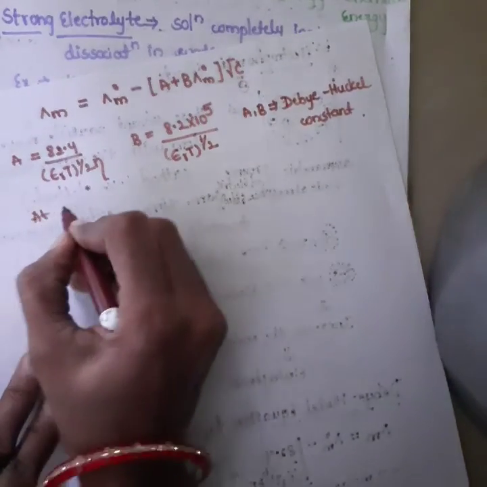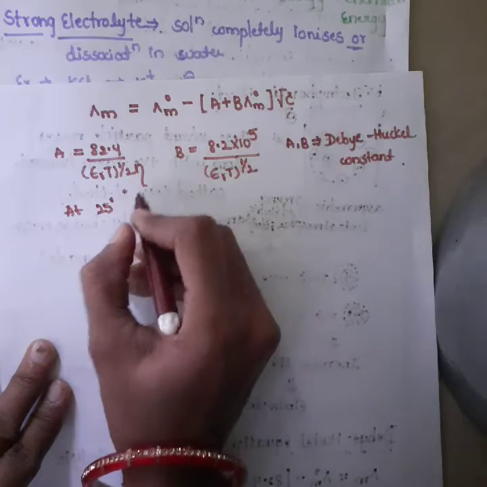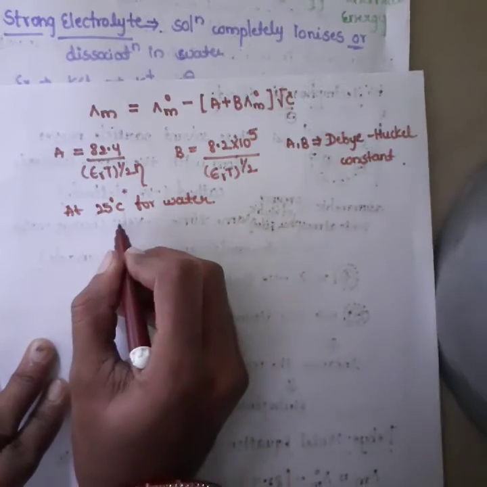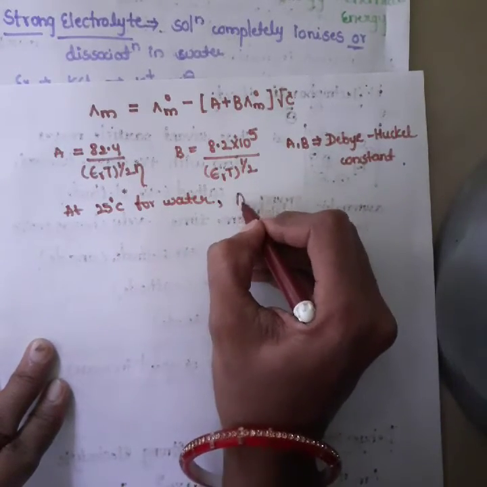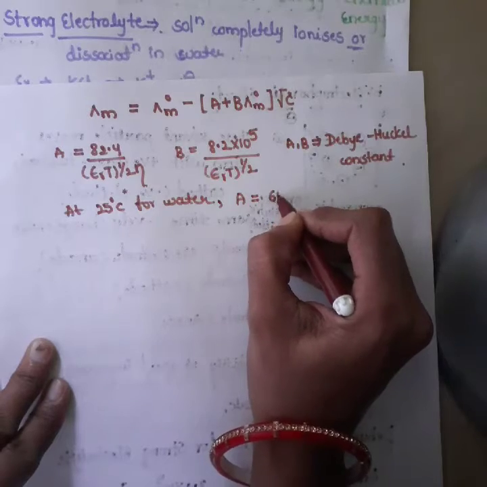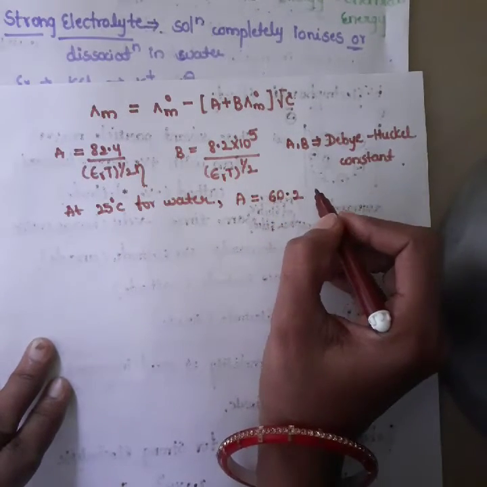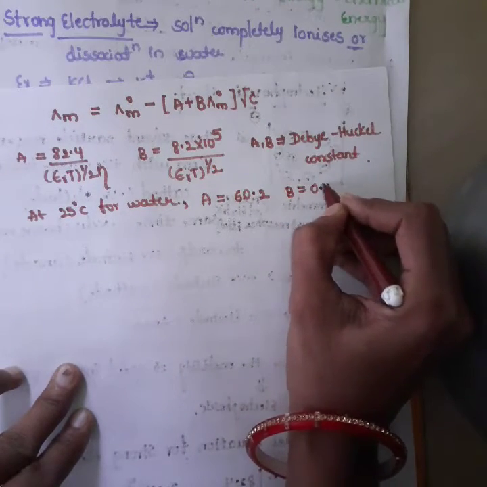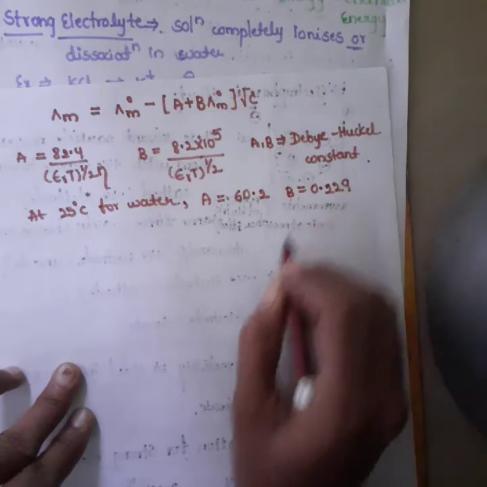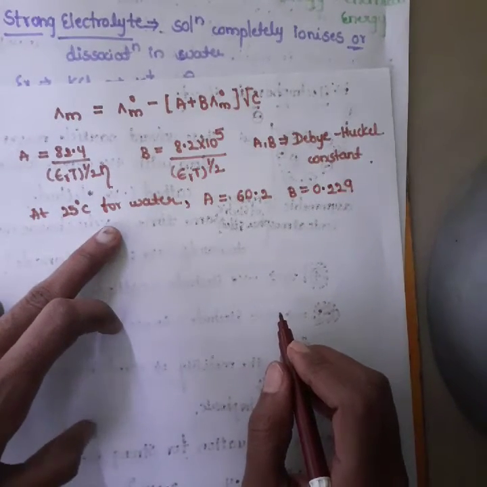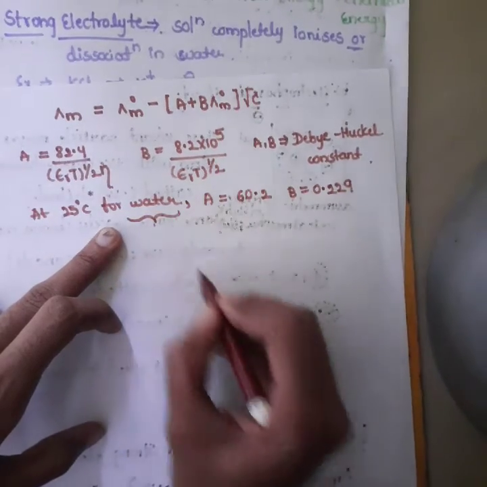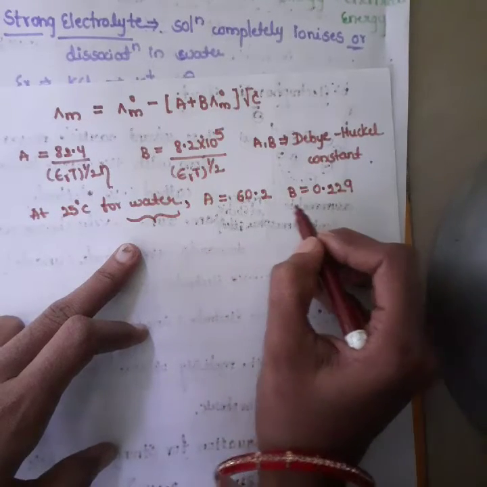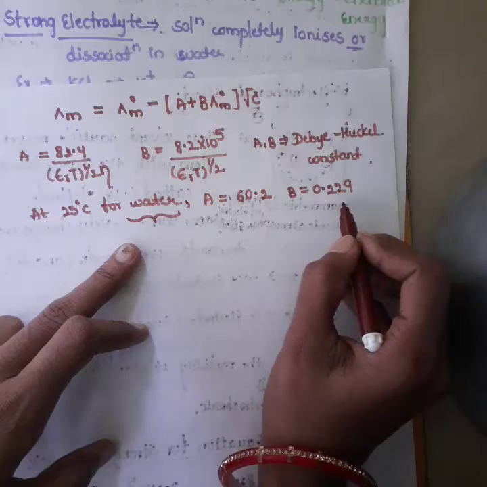At 25 degrees Celsius for water, considered as a strong electrolyte, we get the value of a equal to 60.2 and b equal to 0.229.